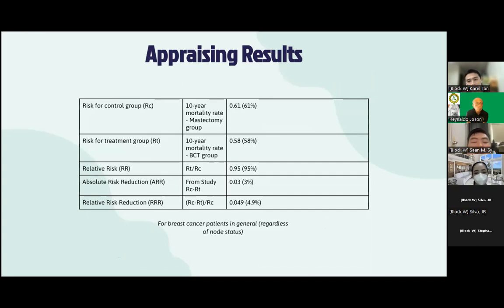This represents a relative risk of 95%, meaning you are 95% as likely to pass away at 10 years if you receive breast conservation therapy versus mastectomy. The absolute risk reduction is 3%, and the relative risk reduction is 4.9%. So this represents a data set that is not statistically significantly different.